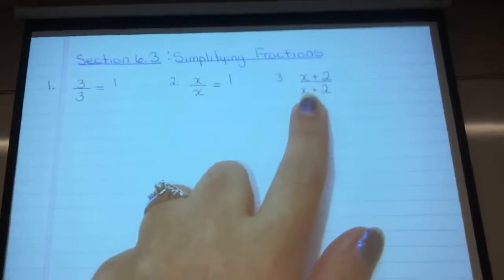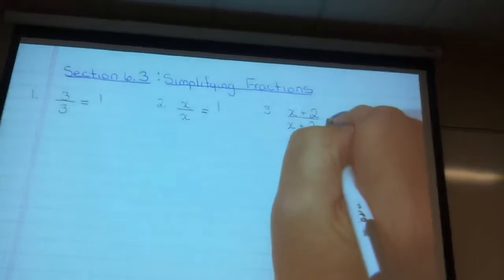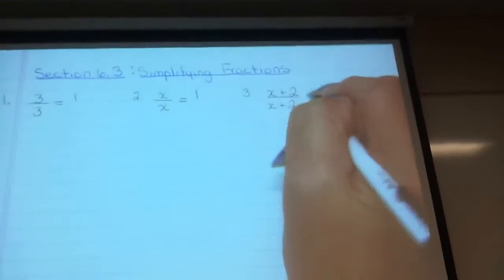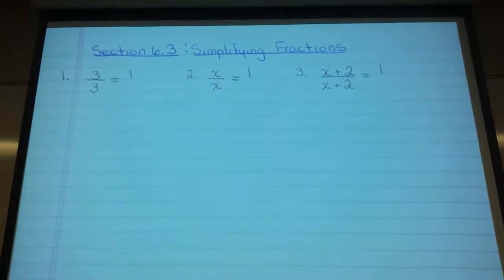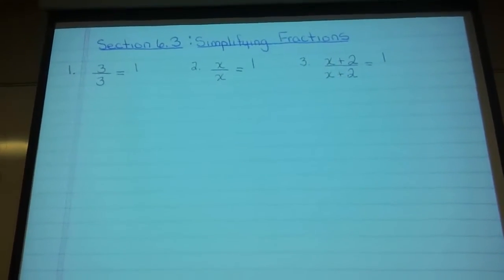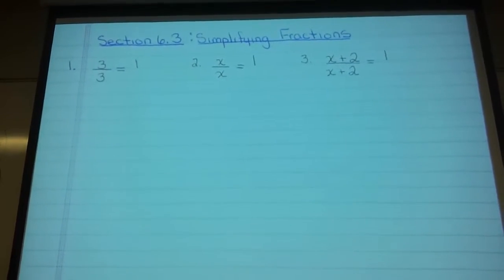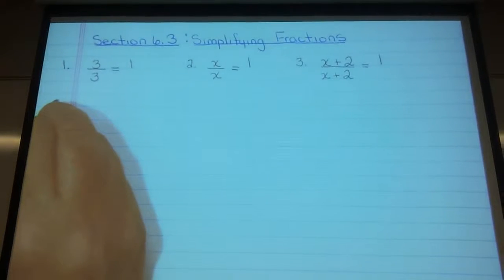If I put 6 down here, you're going to get 8. 8 over 8, 1. So if it's the same number, the same letter, or the same expression, it's all going to just cancel out and equal 1. And 0 works there. Yeah, 0 would, if you put that in for x. Yes.